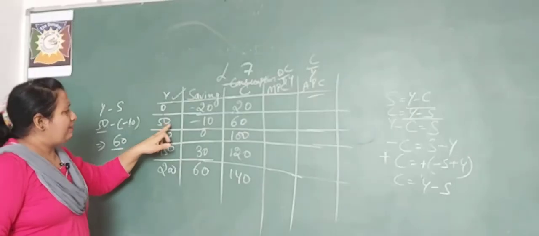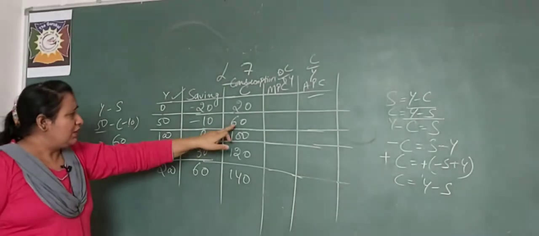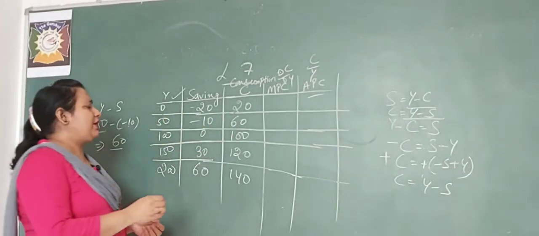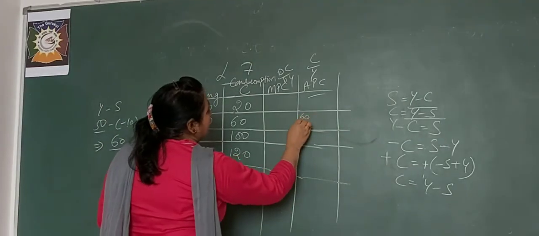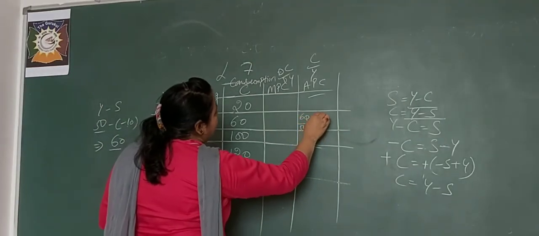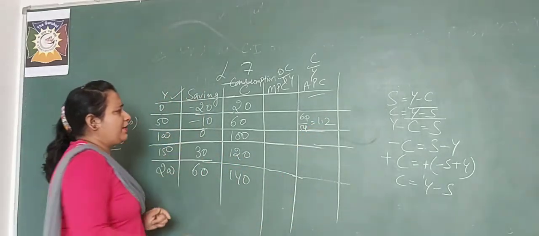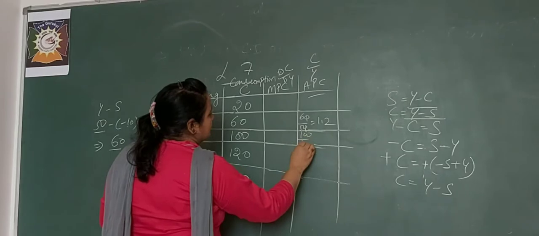Then what I will do, C upon Y, 60 upon 50, that will be 1.2. Next 100 upon 100, that is 1.